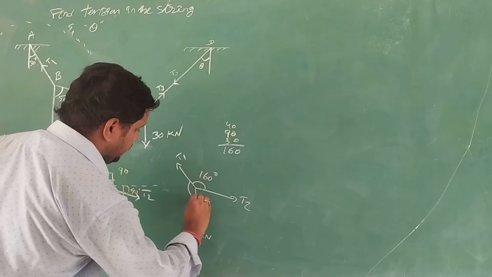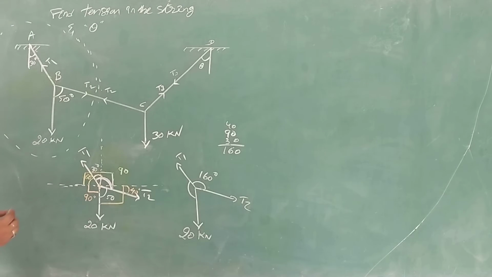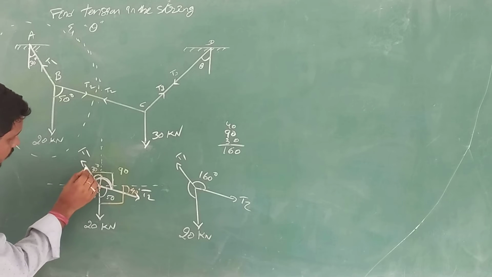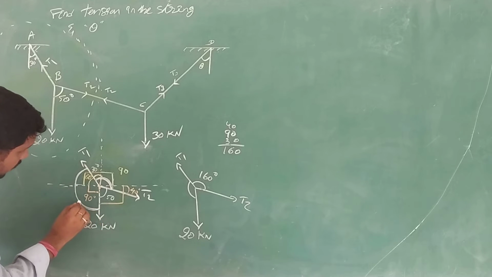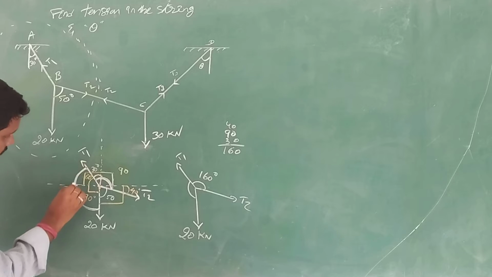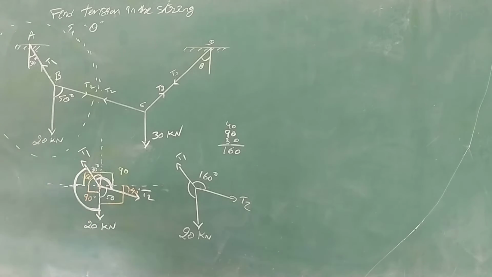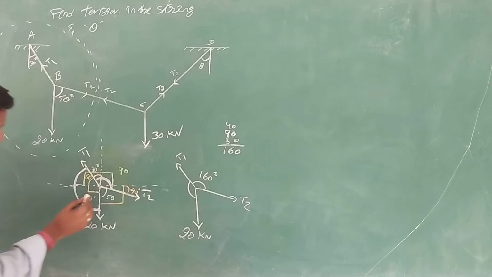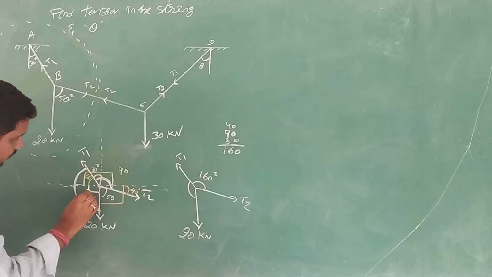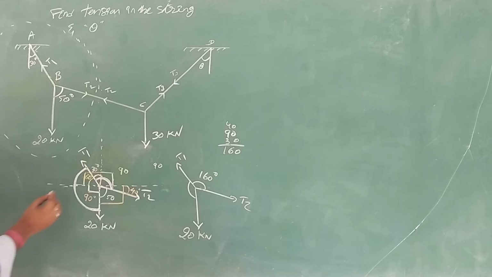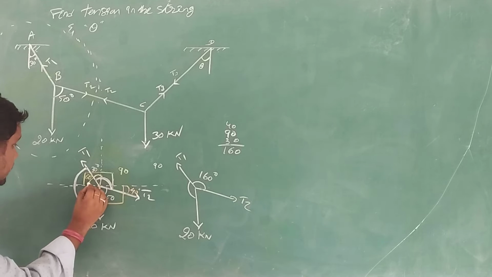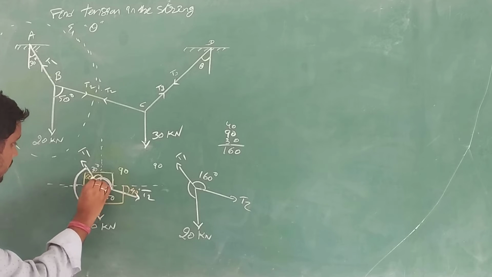Next, I want this whole portion, from here to here. From here to here it's 90, so 90 plus this small portion, which is 60.